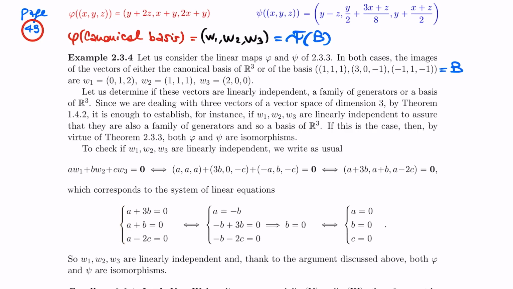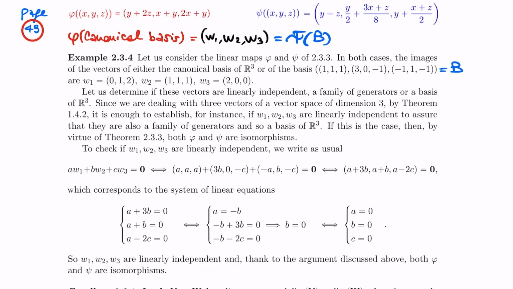By solving the system as it is written here, we find that actually all the coefficients a, b, and c are zero. So the three vectors w1, w2, w3 are linearly independent. This implies that both phi and psi are one-to-one maps. In fact, they both send the vectors of a basis of R3 into a set of linearly independent vectors.